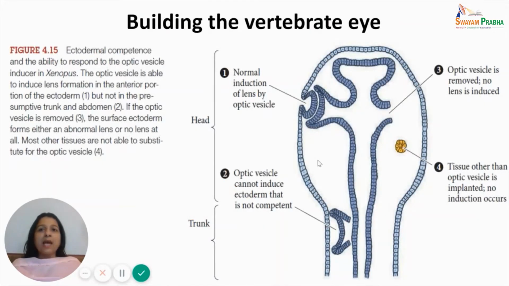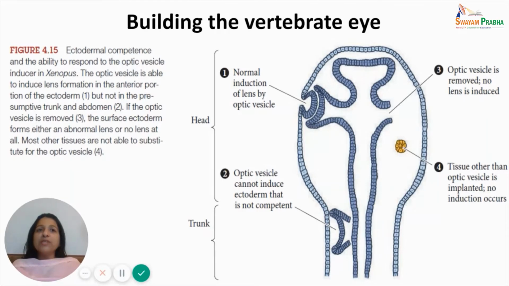The classic example to understand the concept of induction and competence is the building of the vertebrate eye. In the initiation of formation of vertebrate eyes, paired regions in the brain bulge out and approach the surface ectoderm of the head region. The head ectoderm is competent to respond to the paracrine factors which are secreted by these brain bulges.